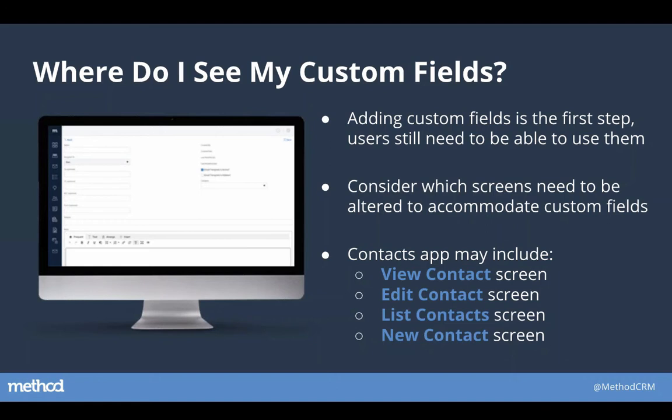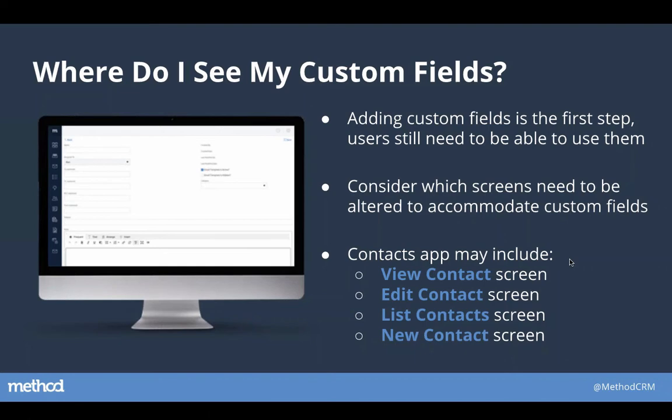It's very likely that your users are going to want to, when they're recording a new contact or entering a new contact in your CRM, ask them, hey, what's your birth date? Or they might find that out afterwards, and they might want to go in and update that particular contact's birth date field afterwards. So we are going to focus today on the most popular app that we provide, which is your contacts app, because that is kind of the core of a CRM.